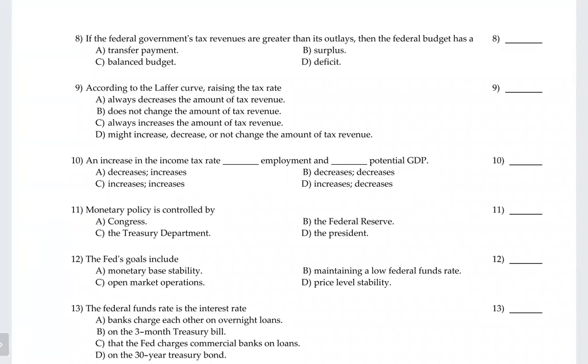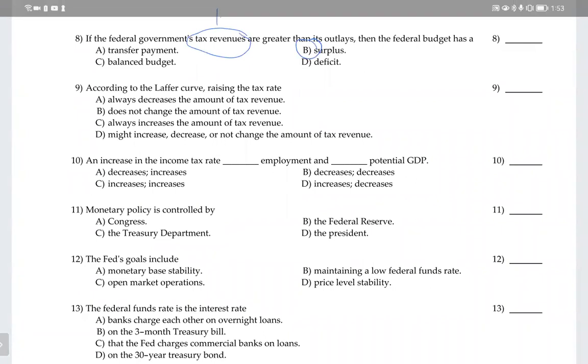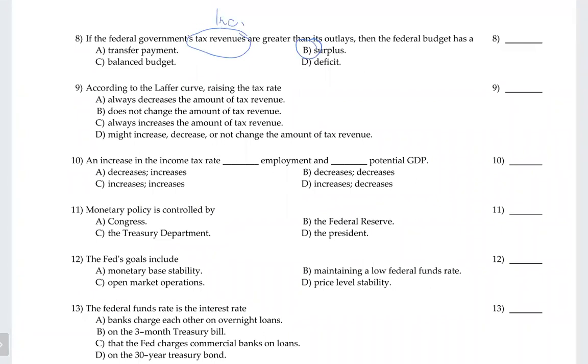So usually it means the government has a surplus. Tax revenue is the government's income. Outlay is their spending. Income greater than spending means they have a surplus. And usually a surplus is going to help reduce government debt.